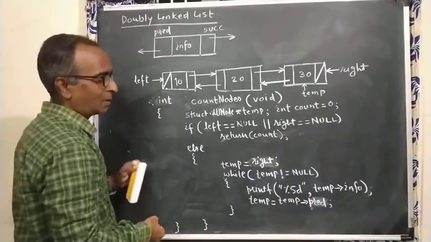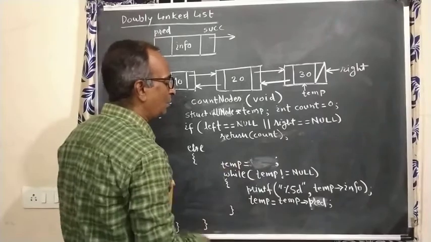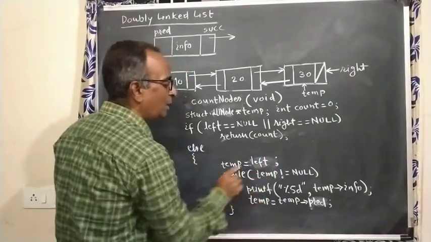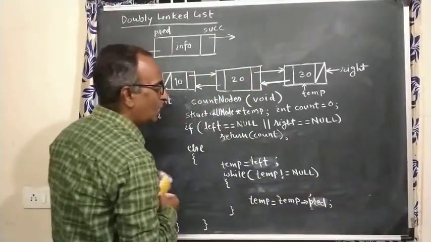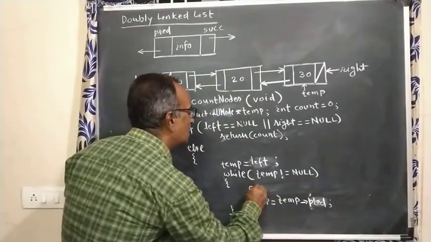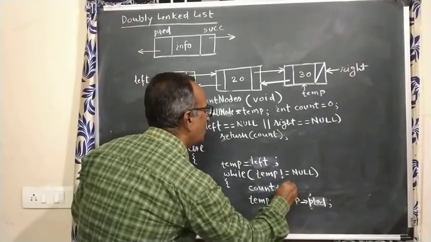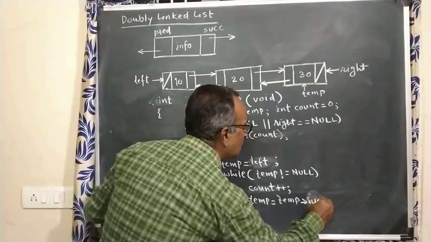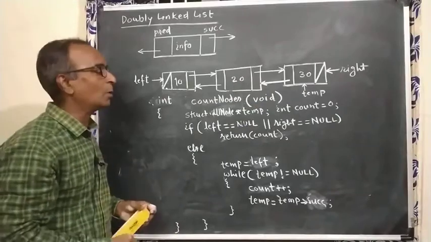Or else, same thing, from left to right, suppose I am traversing, I'll give this left. Temp is not null. Instead of printf, I just have to write count plus plus. And as I am traversing from left to right, here you have to write successor. You can count from right to left also, there is no problem.